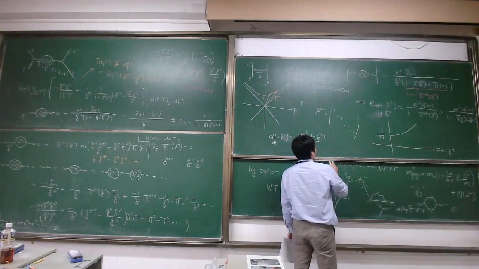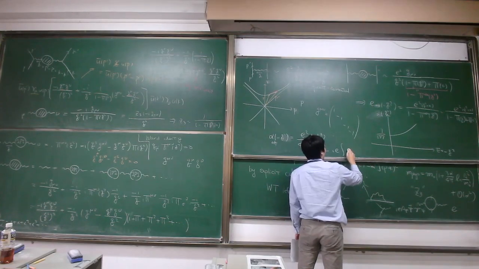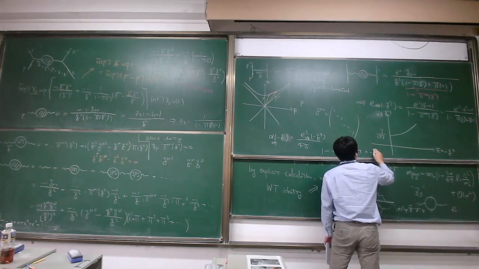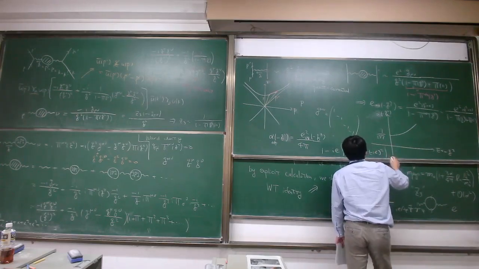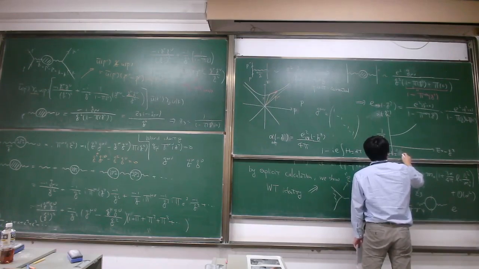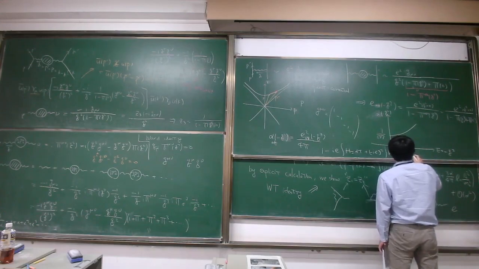Dyson series is essentially 1 minus i e times the integral of H_I dt, plus (minus i)^2 e squared times the double integral dt1 dt2, and so on.